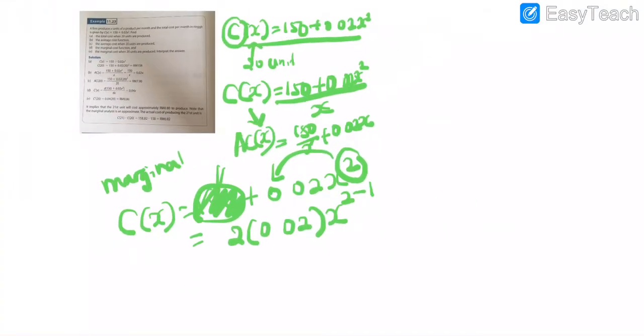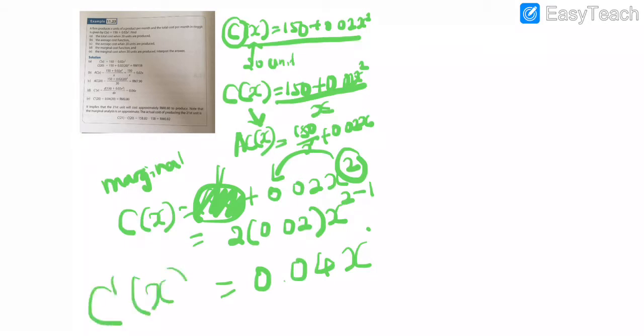So here, 2 times 0.02 is 0.04. x power of 2 minus 1 is 1. So there will be x power of 1. Normally we don't write power of 1. So the marginal cost will be 0.04x.